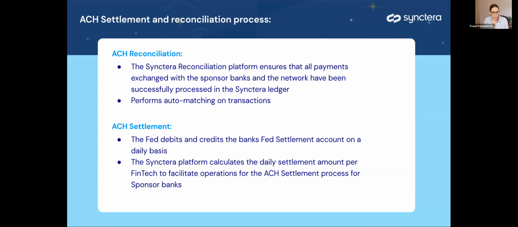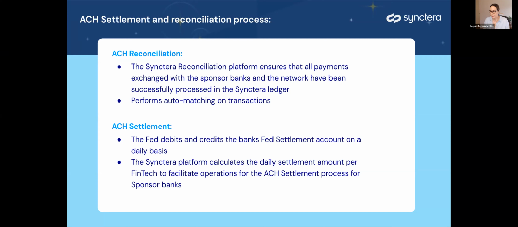Okay, so thinking about your returns, your credits and debits, now we put a bunch of payments in the networks. Now we have payments with the Fed, payments with other banks, and payments that are processing ledgers.